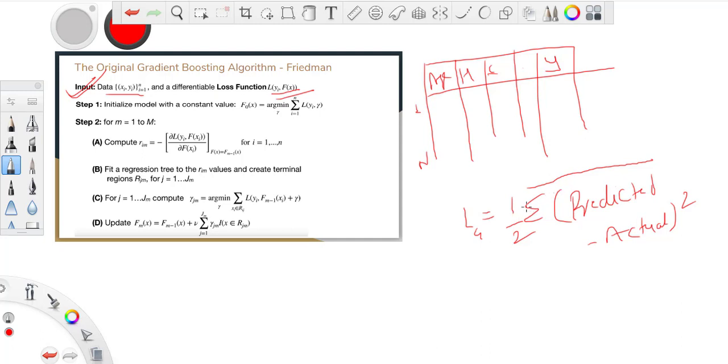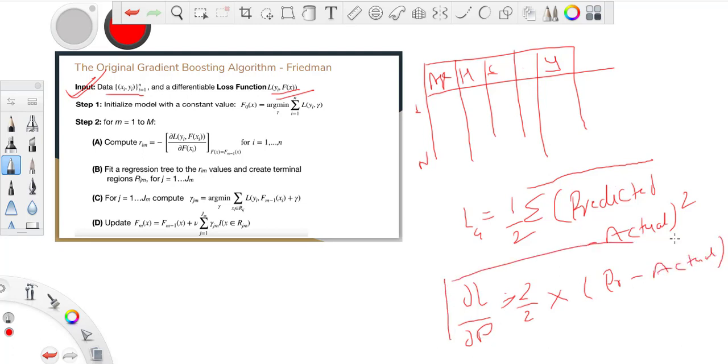The results are the same, but it makes our life easier if we include half for GBM. So it's a loss function, and obviously it can be differentiated. Let's say with respect to predicted, it will be 2 by 2 times predicted minus actual. So this is what we get once we differentiate this.